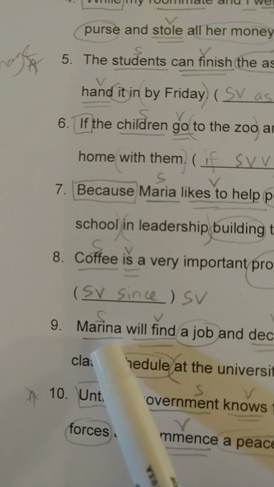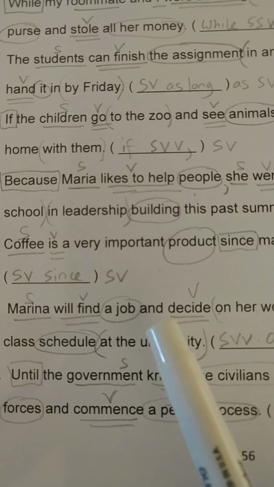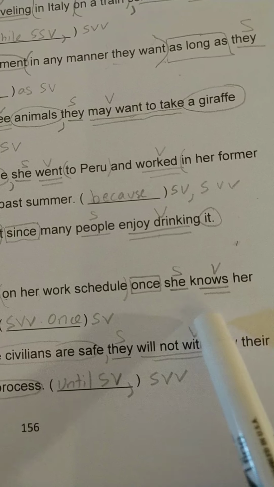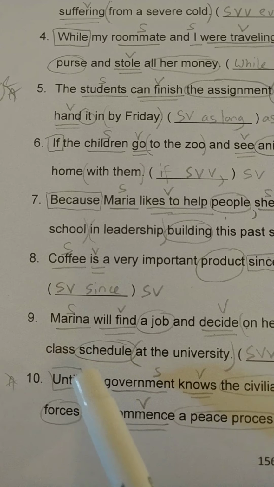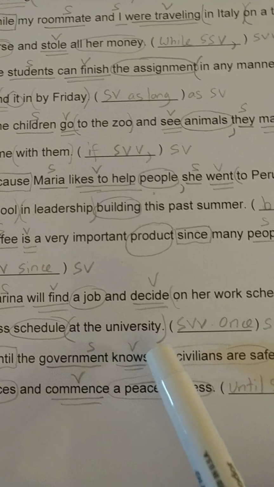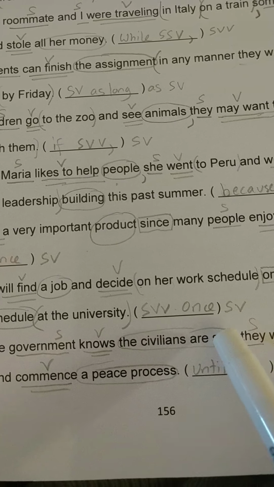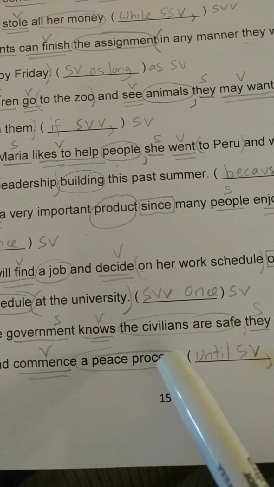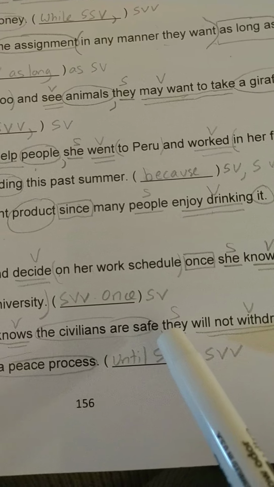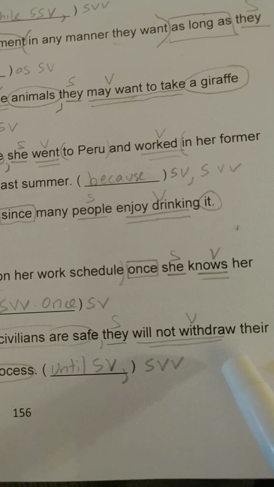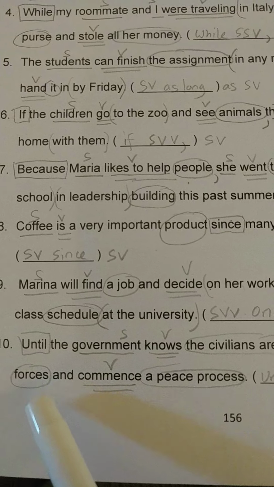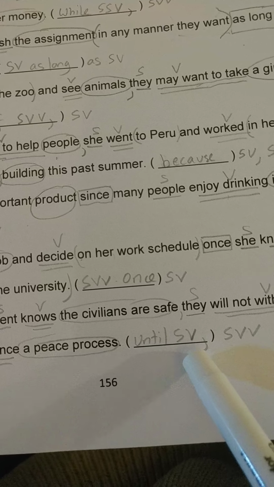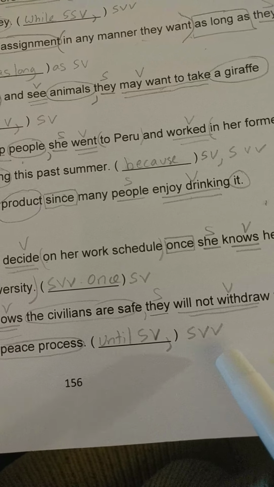Number 9, Maria will find a job and decide on her work schedule once she knows her class schedule at the university. Subject, verb, verb, once, subject, verb. Until the government knows the civilians are safe, they will not withdraw their forces and commence a peace process. Until, subject, verb, comma, subject, verb, verb.